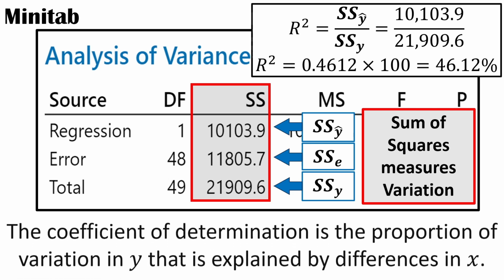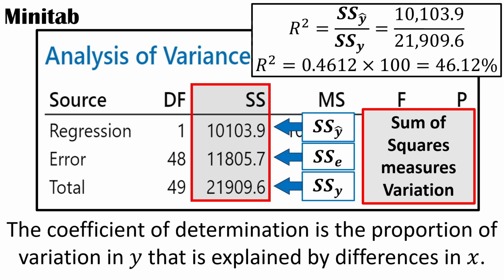So in other words, the coefficient of determination is the proportion of variation in the response variable, the y value, that is explained by differences in the predictor, the x. It's worth remembering that, by the way.